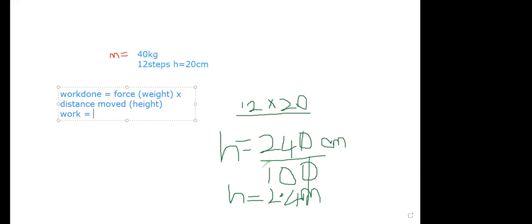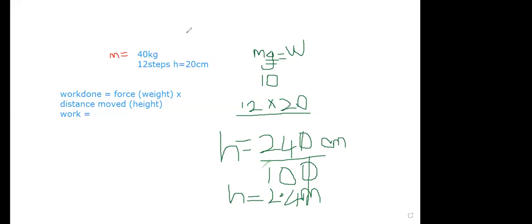Now force, we said to get force or to get weight, we get it from mass times acceleration due to gravity. The mass in kilograms times acceleration due to gravity gives us the weight or gives us the force. Now, acceleration due to gravity is a constant, and in our work, they told us to use the constant g as 10.